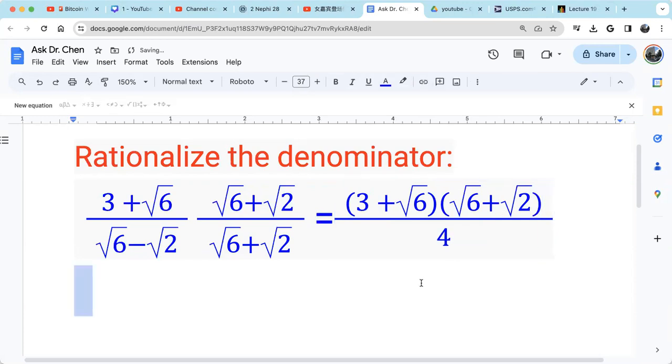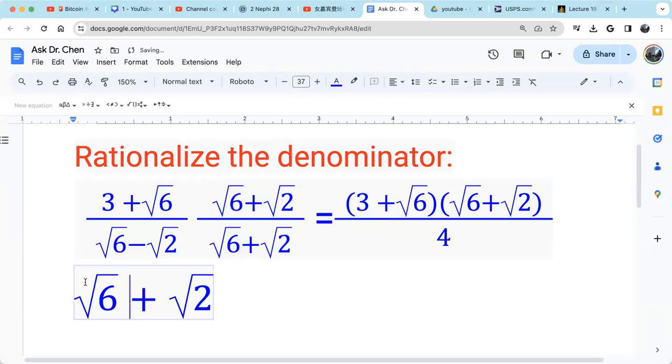Okay, we don't really have to multiply the numerator because all we need is to rationalize the denominator. Which means make the irrational denominator to be a rational number. And by multiplying the conjugate.